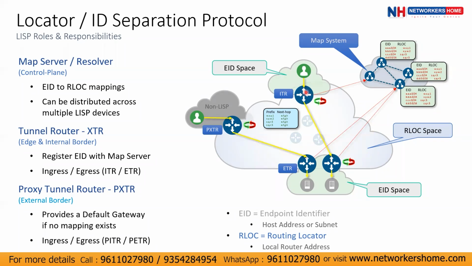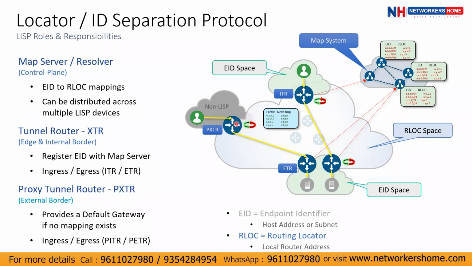Based on the negative reply, it will hit the PXTR, because the LISP configuration has this option enabled: whenever any negative response comes, use the proxy tunnel router. That is the gateway of last resort. So send all your traffic to the PXTR, and the PXTR will take care of it.